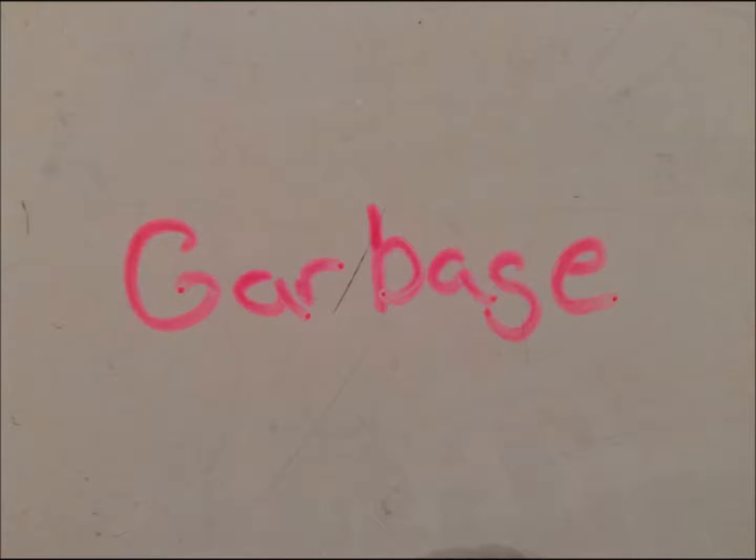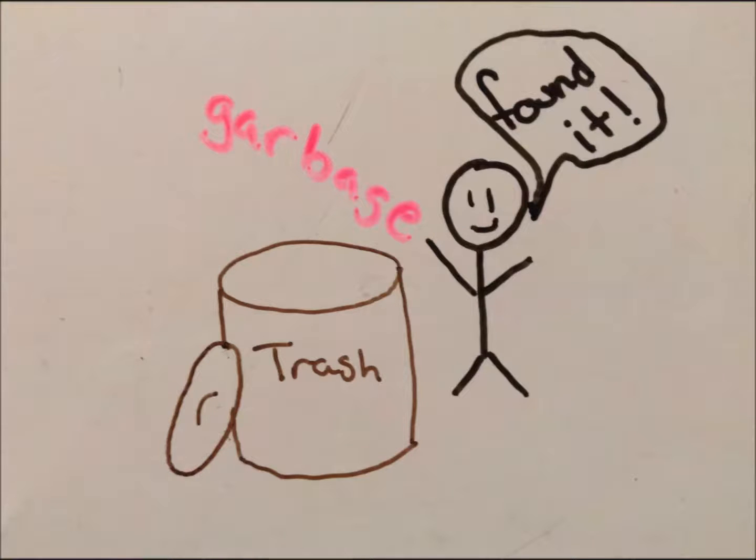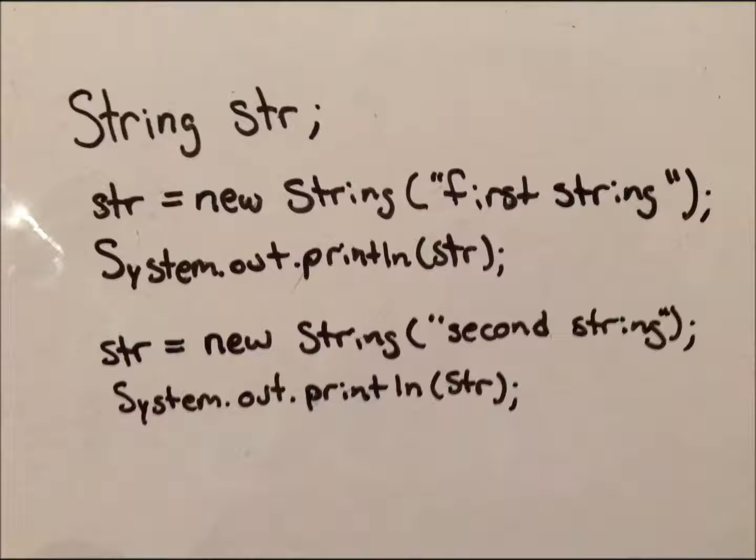It becomes garbage. This is a common situation when new objects are created and old ones are no longer needed during the execution of a program. While a program is running, a part of Java's system called the garbage collector reclaims each lost object and makes the memory available again. In the example, the String object "first string" becomes garbage.